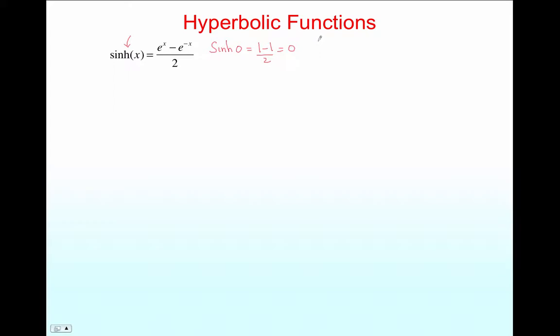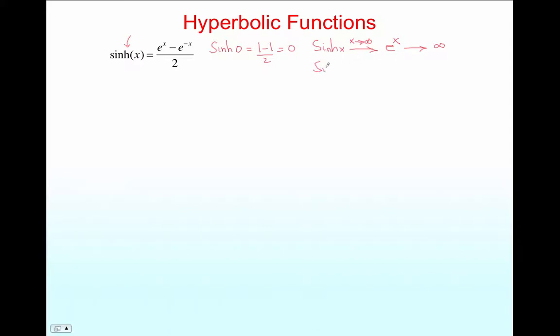If x becomes large, then sinh of x gets dominated by the positive exponential, by e to the x, and so it approaches e to the x as x becomes large and positive. And of course, the exponential becomes infinity or gets very, very large. That's the meaning of that.